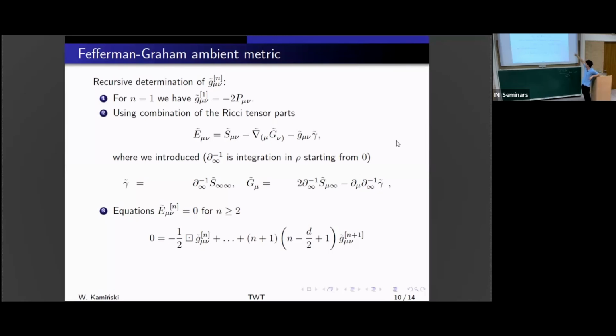So if one takes this combination, then one notices that for n bigger or equal to 2, these equations simplify considerably. Originally they were not so simple, but if you take this strange combination, one gets equations like that. These three dots may depend on the second derivatives of a lower order metric, and some first order derivatives. Okay, so this already looks very good.